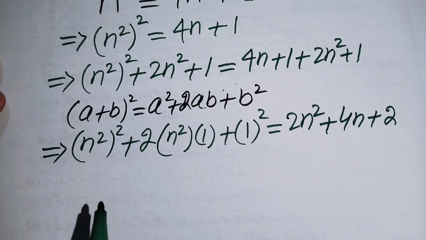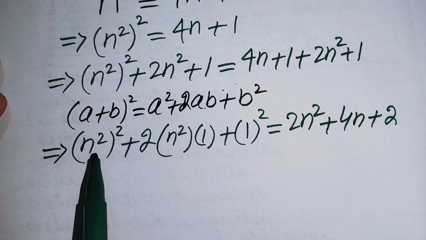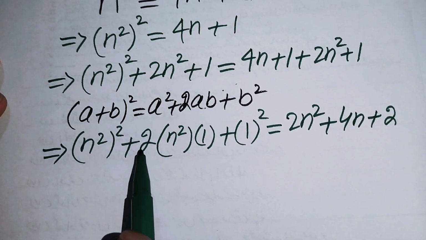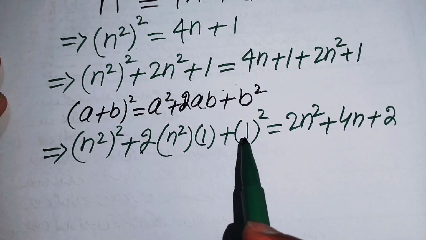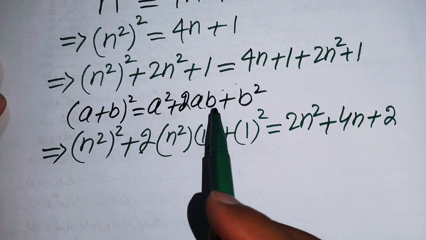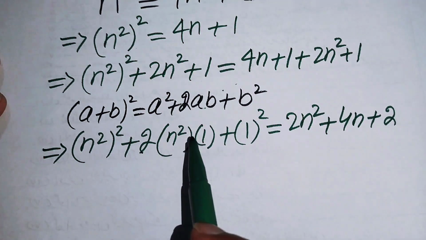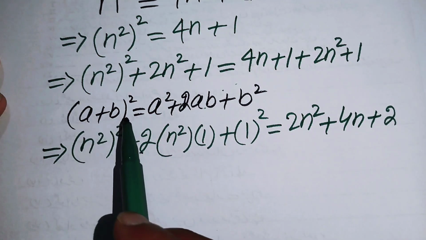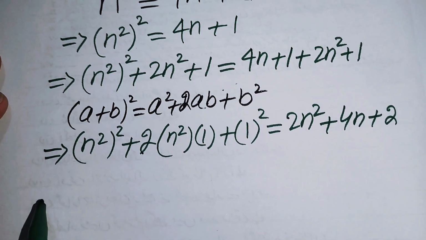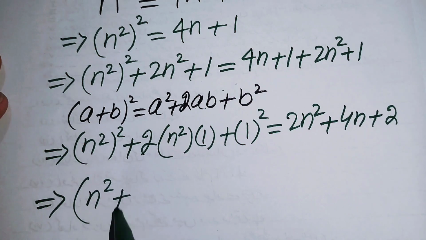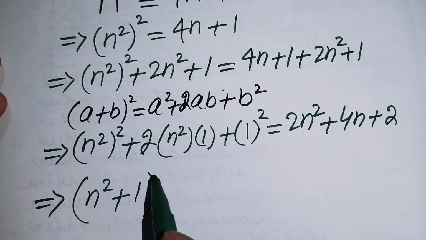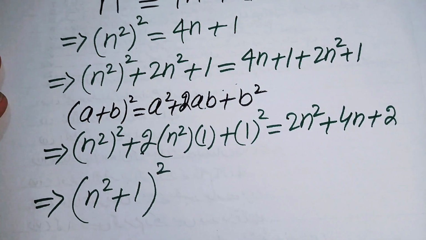Now focus on the left hand side, where we have a squared plus 2 times ab plus b squared. This is the right hand side of this formula, and when we combine this you will get a plus b whole squared, where the value of a is n squared and the value of b is 1, and its whole square.